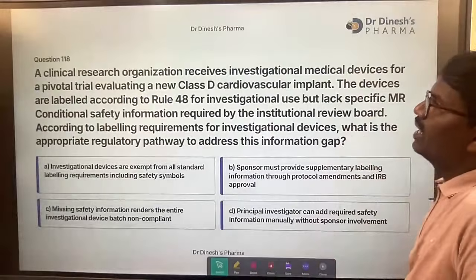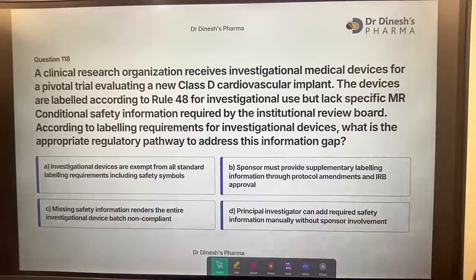Okay, next. A clinical research organization receives investigational medical devices for a pivotal trial evaluating a new class D cardiovascular implant, class D, which is dangerous. The devices are labeled according to Rule 48 for investigational use but lack specific MR conditional safety information required by the Institutional Review Board.